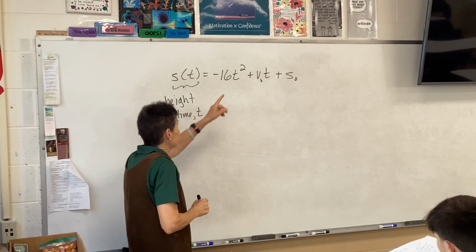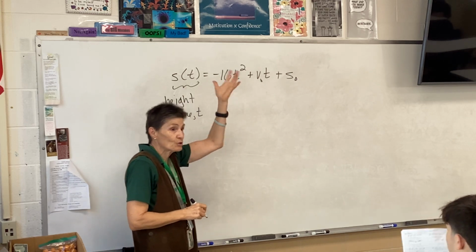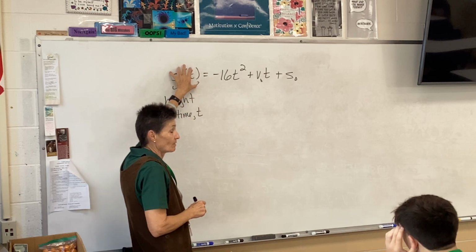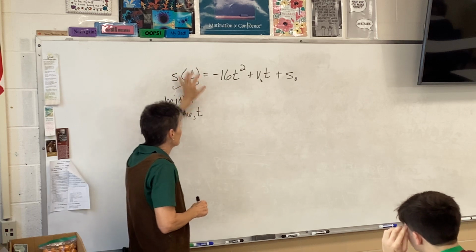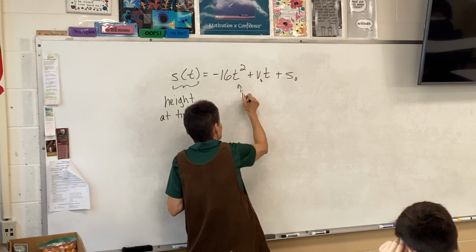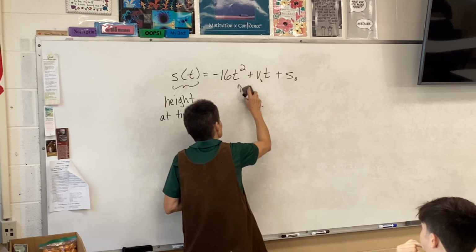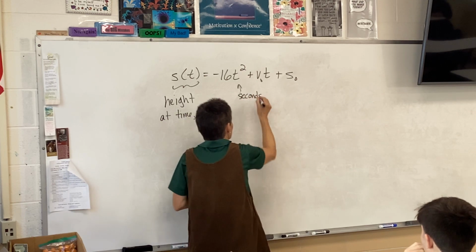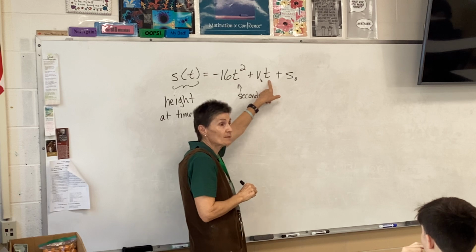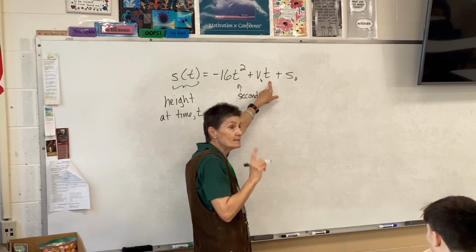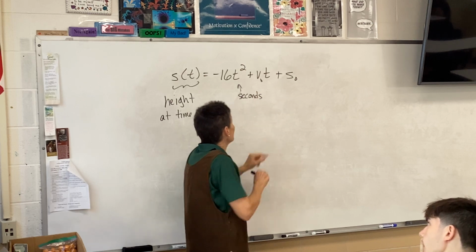So whatever the t is, 1 second, 2 seconds, 3 seconds, this number right here is going to be the height of that object. T is time in seconds. There's another t, same thing, that's a time. So if we said how high is the ball after 1 second, t would be 1 second.